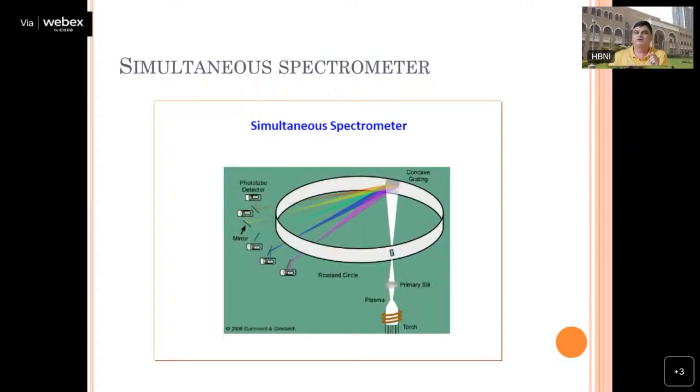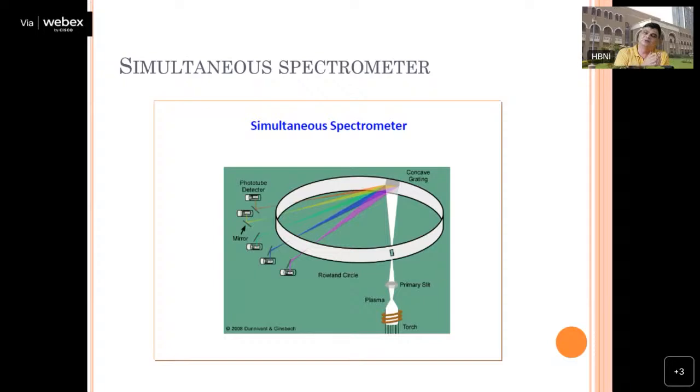Whereas in the case of a simultaneous spectrometer, I am getting the wavelengths from all the elements at a time, and then I can select one by one which element I want to analyze. It will scan all the elements and they come at a time to the detectors.